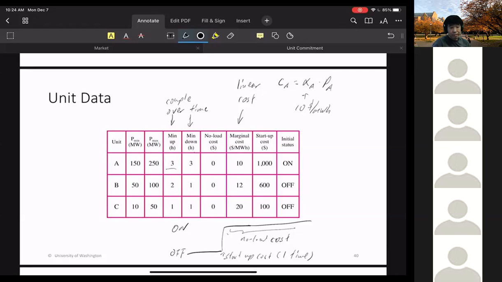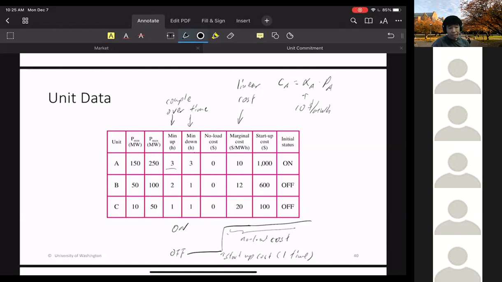So that violates what I was just saying about a path where A was on, A was off, and A was back on again, for hours 1, 2, and 3. And then you don't want to do that. Essentially, you're not going to leave A on the whole time because you don't want to pay the no load cost.